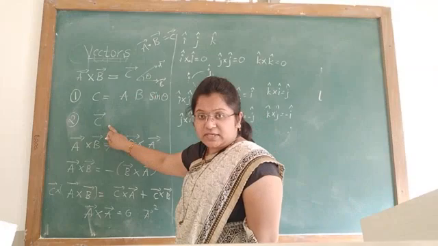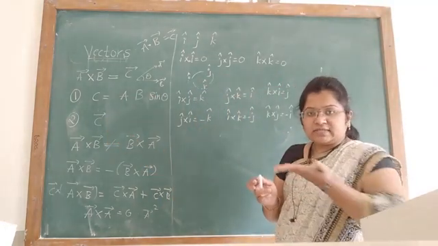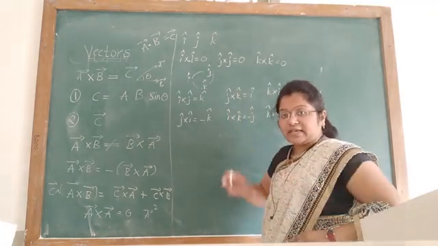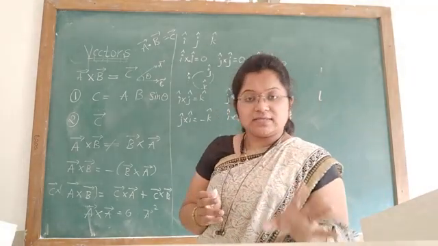And the direction of C is perpendicular to the plane containing A and B. Means if A and B lie here, C will be here. To explain that, we have the right hand rule and the right hand screw rule.